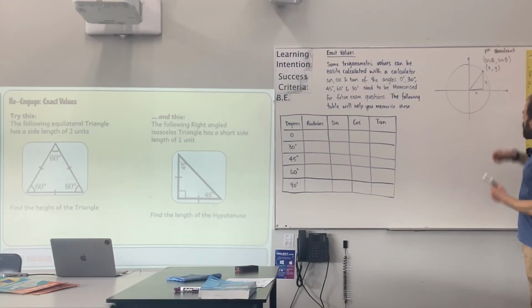What do we do next? Well, let's start with the coordinates at this point. We know that that point there has the coordinate where x is 1, y is 0. So cos of 0 degrees is equal to 1. Sine of 0 degrees is equal to 0.